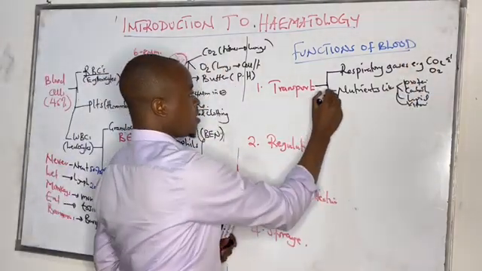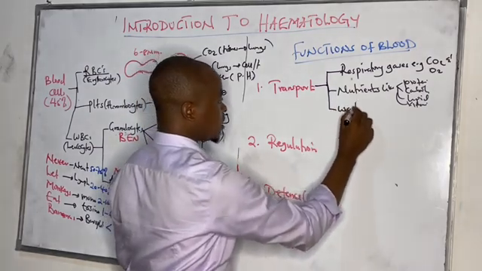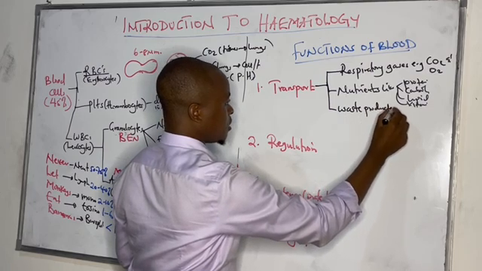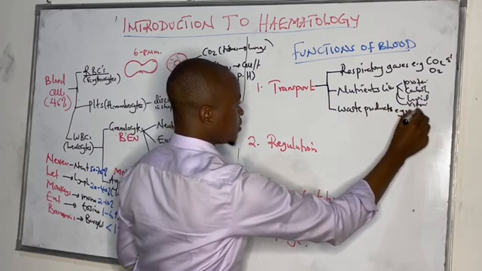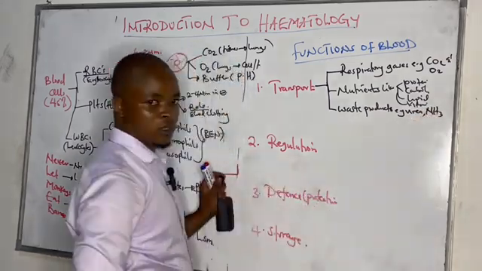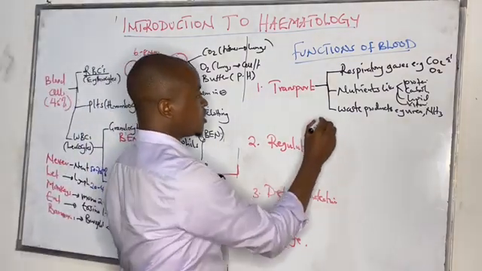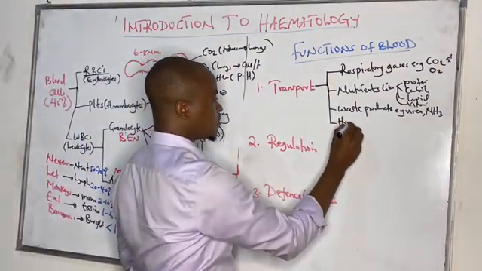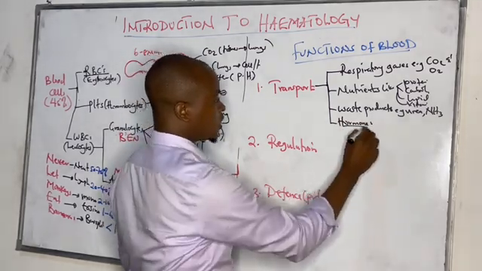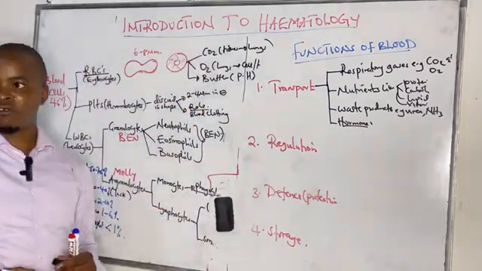Another role under transport is transportation of waste products of metabolism, like urea, ammonia, creatinine. They are also transported by blood. And we see also transportation of hormones. Hormones are also transported in blood. That is the function of transport.